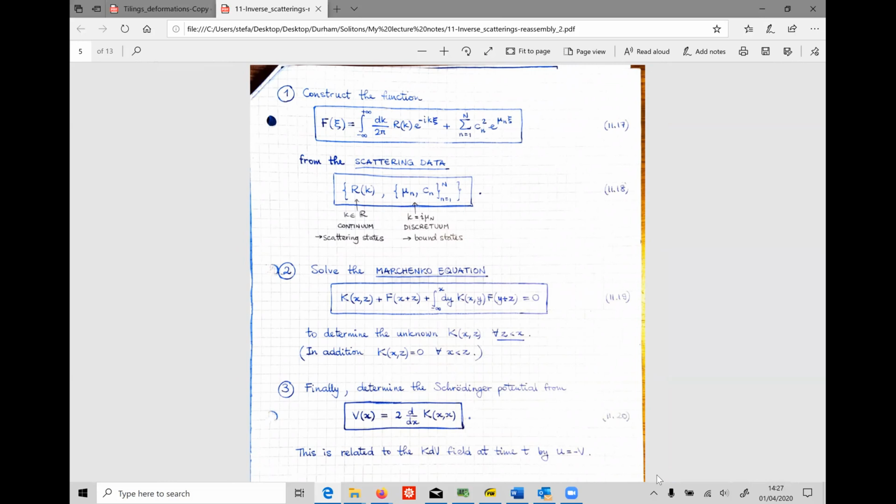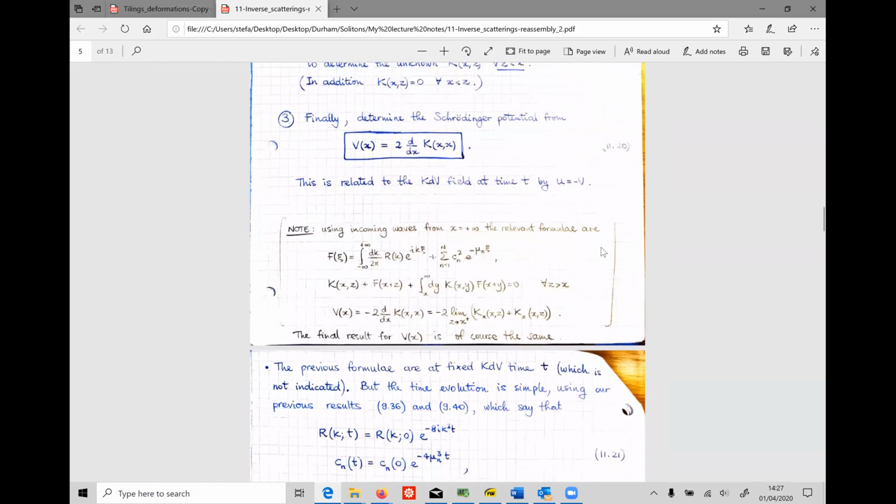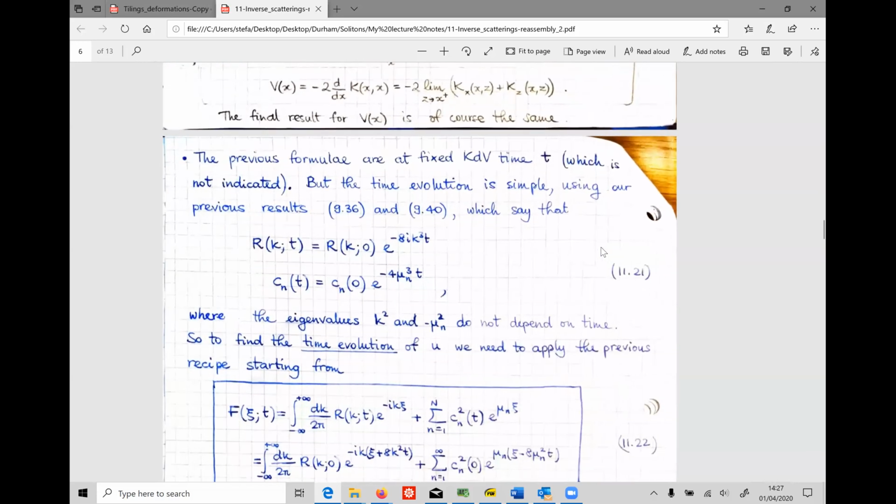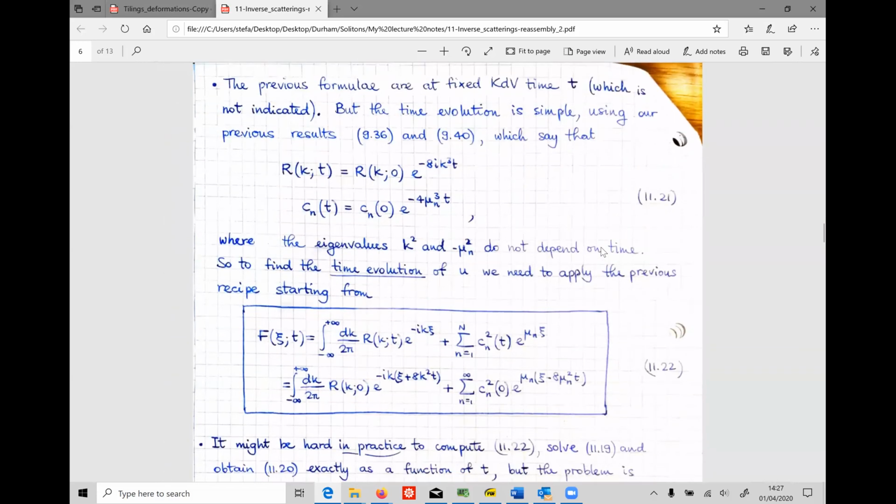So, reconstruct the shape of the potential V of x or the KdV field u at a given fixed time from the scattering data of the auxiliary time-independent Schrödinger equation at that same time. But of course, now we know the time dependence of the scattering data, because we worked it out in a previous lecture.